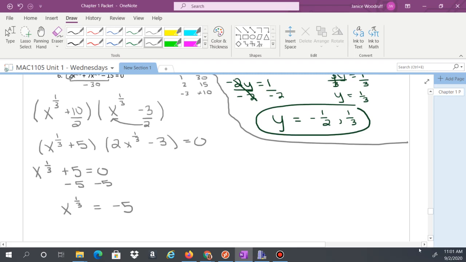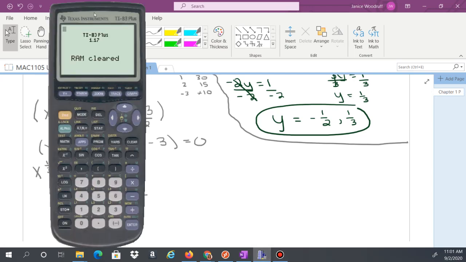Instead of multiplying it by 3, I'm going to raise it to 3. If it were 1/3 x, you'd multiply it by 3, right? Well, it's the same thing. You're just going to raise it to the 3 over 1, so you raise it to the reciprocal power, and you're going to do that on both sides. So these will cancel.